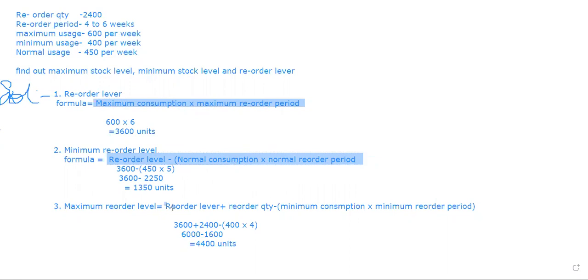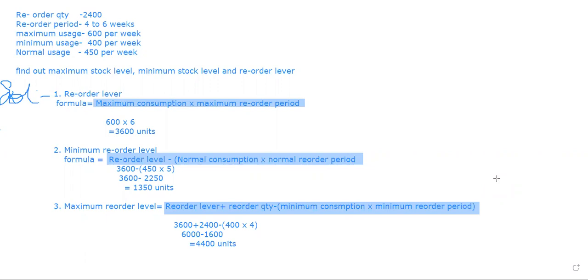So first you should learn your formula by heart, then it is going to be very simple and easy. As I said, the reorder level is the one where we use maximum consumption, maximum reorder. When it comes to the minimum, it's the opposite, normal into normal reorder period. The only thing is we take the reorder level into consideration in every formula. So that is it about the first one.